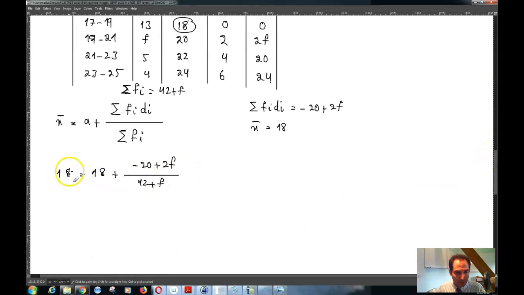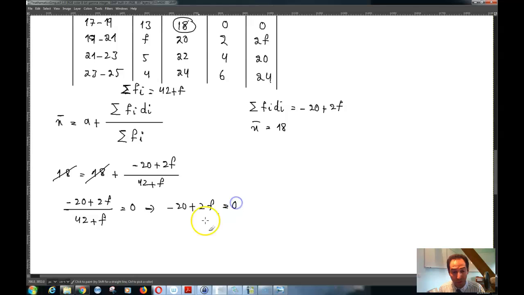So now you can cancel 18 and 18 from both sides of the equation, and that means negative 20 plus 2f over 42 plus f is equal to 0, which means that negative 20 plus 2f is equal to 0, which means that 2f is equal to 20 or f is equal to 10.